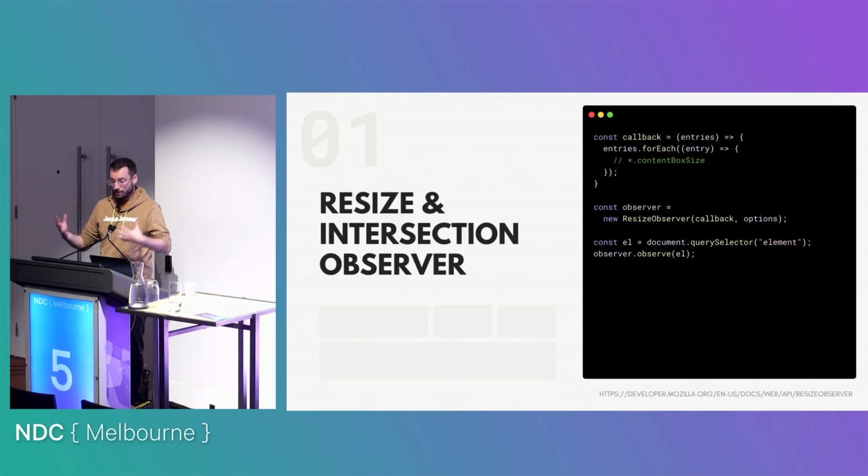Resize Observer, in a nutshell, allows you to listen to any DOM element on the page, and whenever that element changes its size, you get a callback, and you can do whatever you want with that information. You get the new size of the element, you know which element changed, all of that stuff. I hear from a lot of people that this API is now useless because we have CSS container queries, which is partially true.